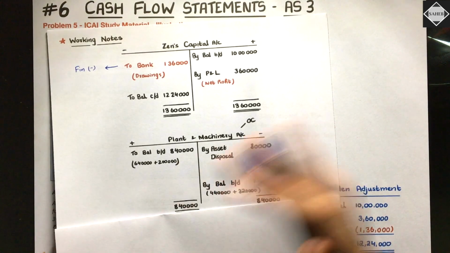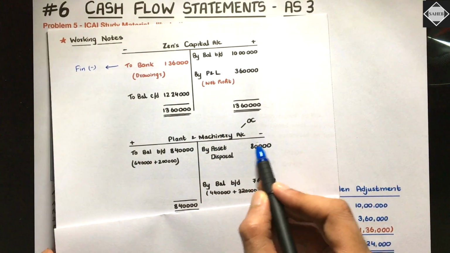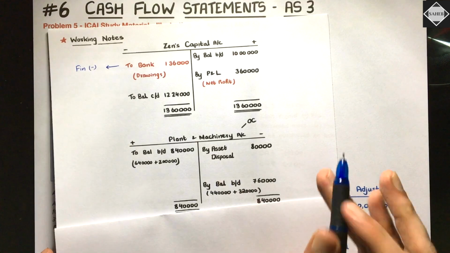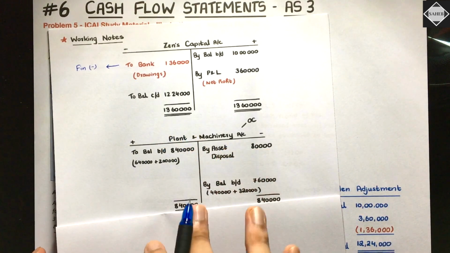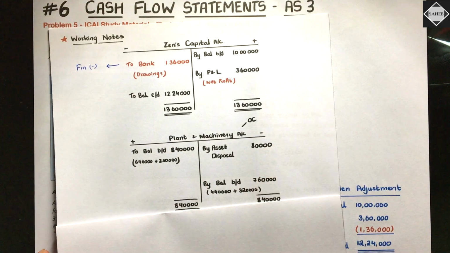So just delete the cost of that sold asset. Plant and machinery has been decreased by the cost of the asset that you have sold, 80,000, by asset disposal. Fine. Why cost you are taking over here? Because plant and machinery, this ledger is at cost. This account is at cost. Understood. So this will be cross posted in the asset disposal with that amount, 80,000.